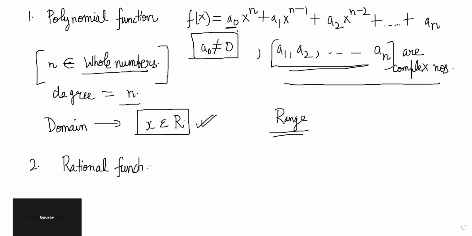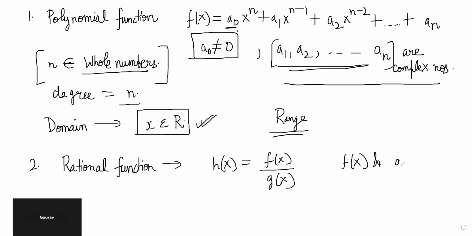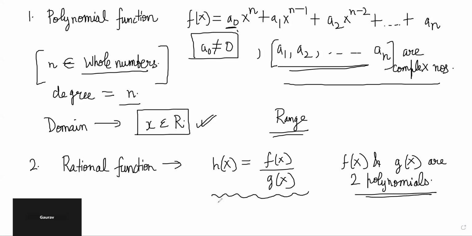The second type of function is the rational function. A rational function is basically of the form of rational numbers, but now we have functions. So we have h of x is equal to f of x by g of x, where f of x and g of x are two polynomials. So this function is your rational function.